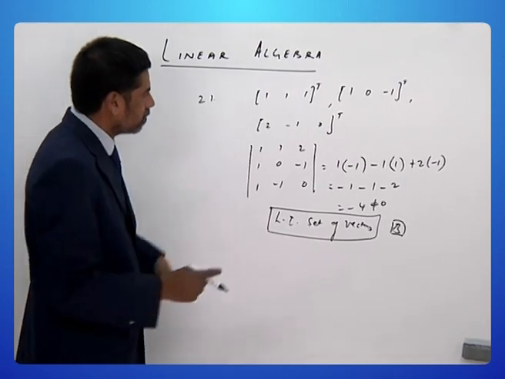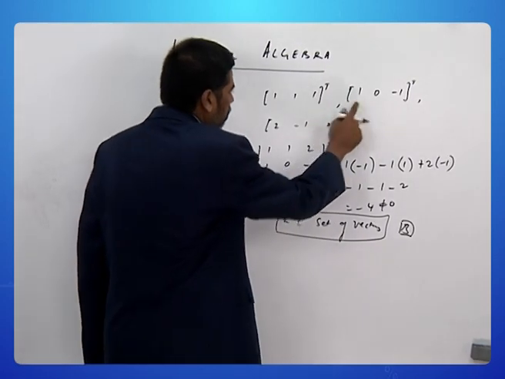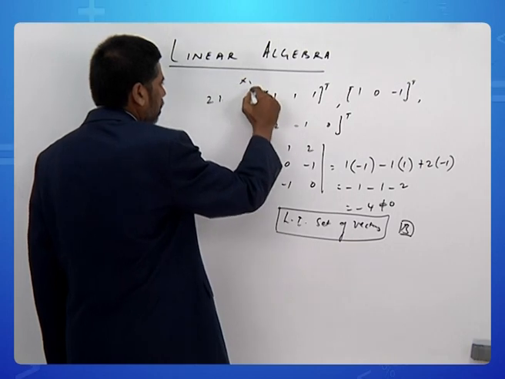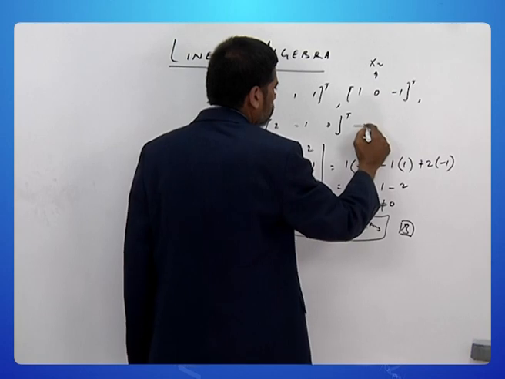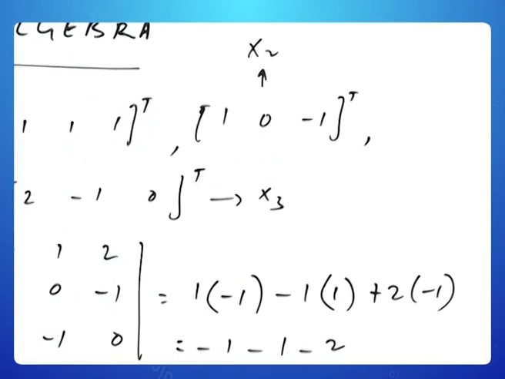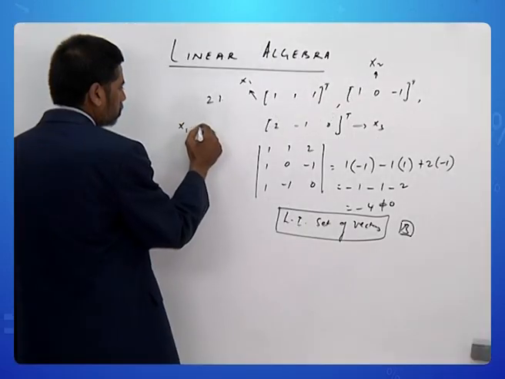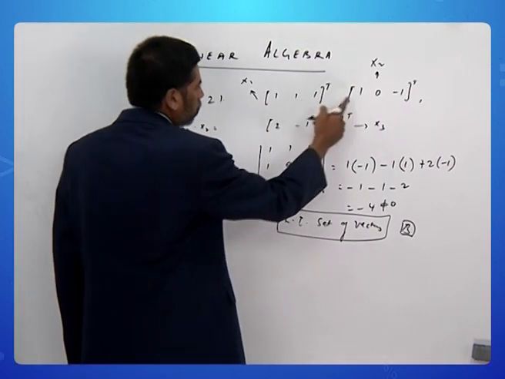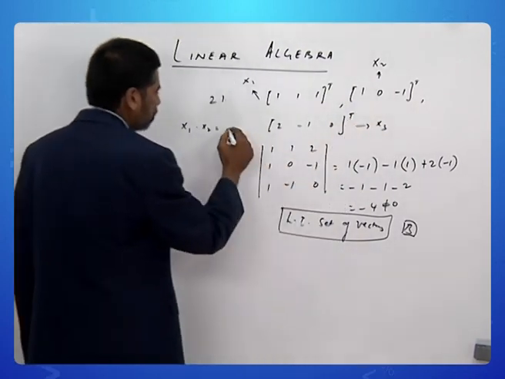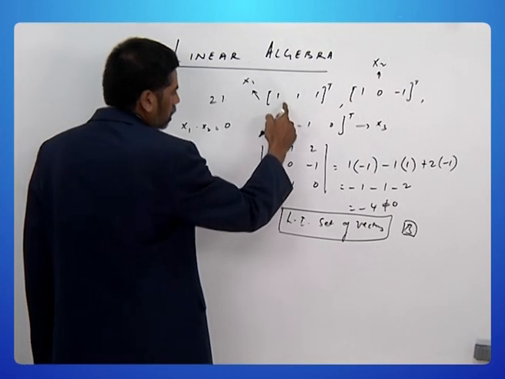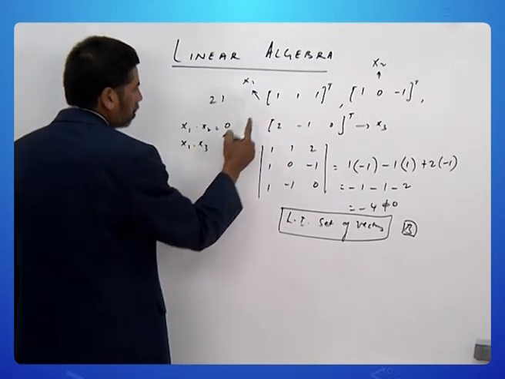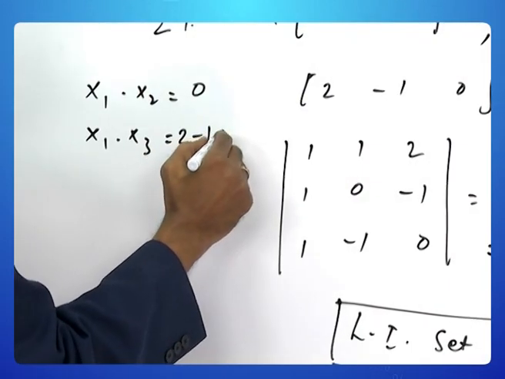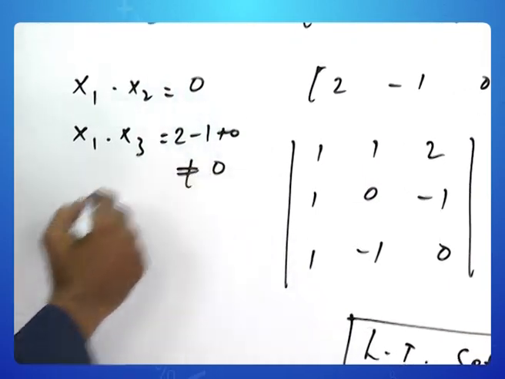You can see that when you take the dot product of these, suppose you call this vector x1, this vector x2, and this vector x3. x1 dot x2 will be 1 plus 0 minus 1, which is 0. x1 dot x3 will be 2 minus 1 plus 0, not equal to 0.